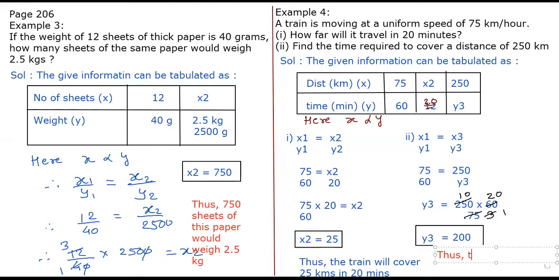Thus, the train will cover 250 kilometers in 200 minutes, that is 3 hours and 20 minutes.